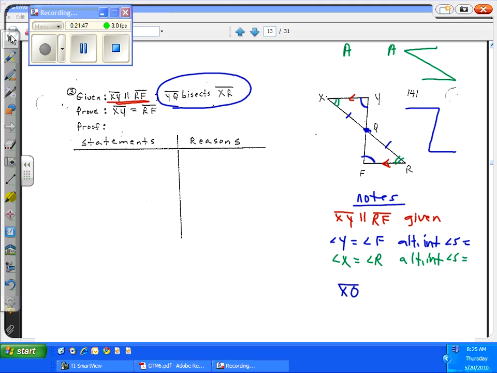XQ is equal to RQ. Reason, definition of the bisector of the segment. But before we can say definition of, we have to have the word and what we get out of it. And so we're going to put the word here, YQ bisects XR, reason given.